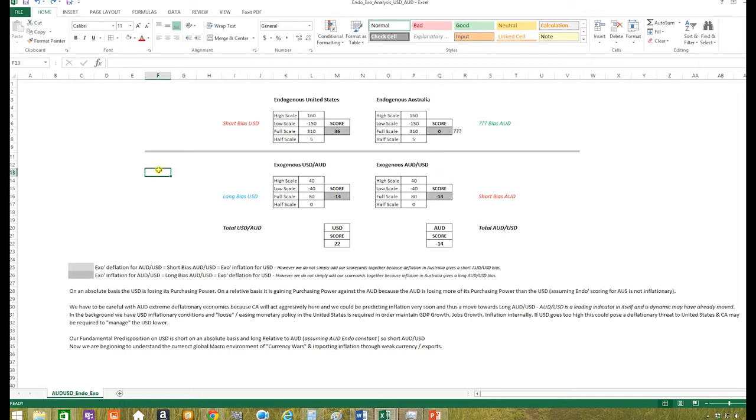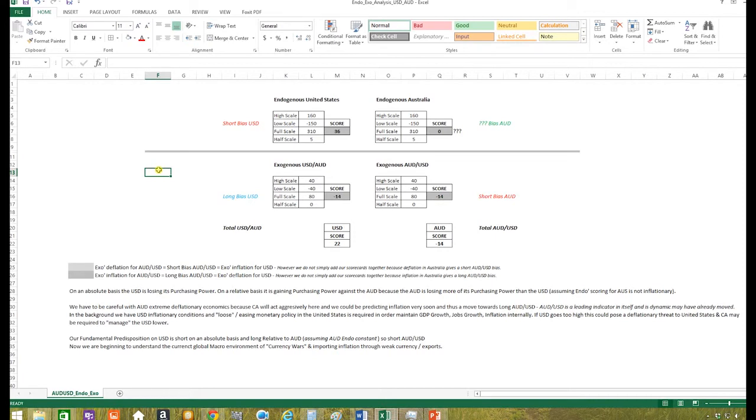So when we use the phrase pass the parcel, it basically means whose turn is it to manage their currency lower, because growth is not coming from the economies themselves structurally. A lot of the growth globally, in the United States, Europe, Japan, Australia, Asia, is coming from currency management.